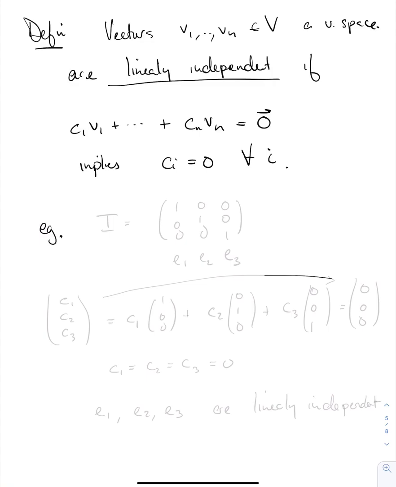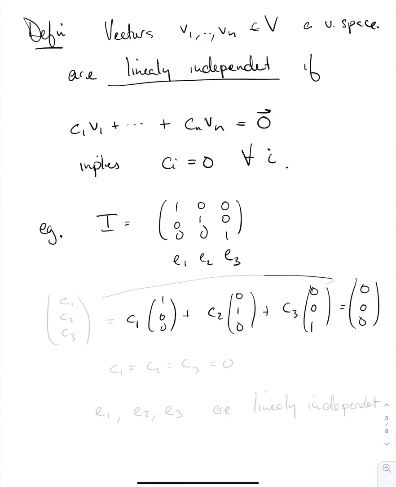Example. Say I is the matrix with rows (1, 0, 0), (0, 1, 0), (0, 0, 1), with the standard vectors e_1, e_2, and e_3 as its columns. Well, say c_1(1, 0, 0) + c_2(0, 1, 0) + c_3(0, 0, 1) is equal to the zero vector.